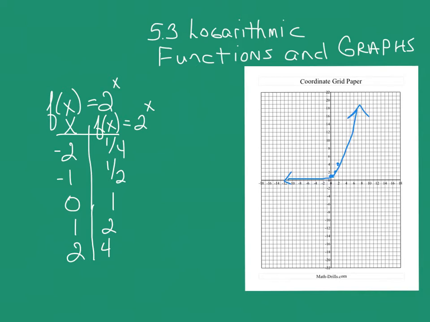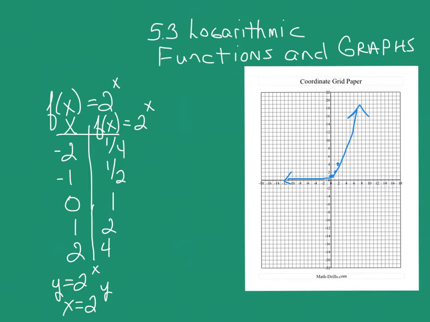And if we switch the x and y, we get x equals 2 to the y. Now that's not something that we're used to seeing. We don't know how to solve this function for y, but we can graph the inverse function.